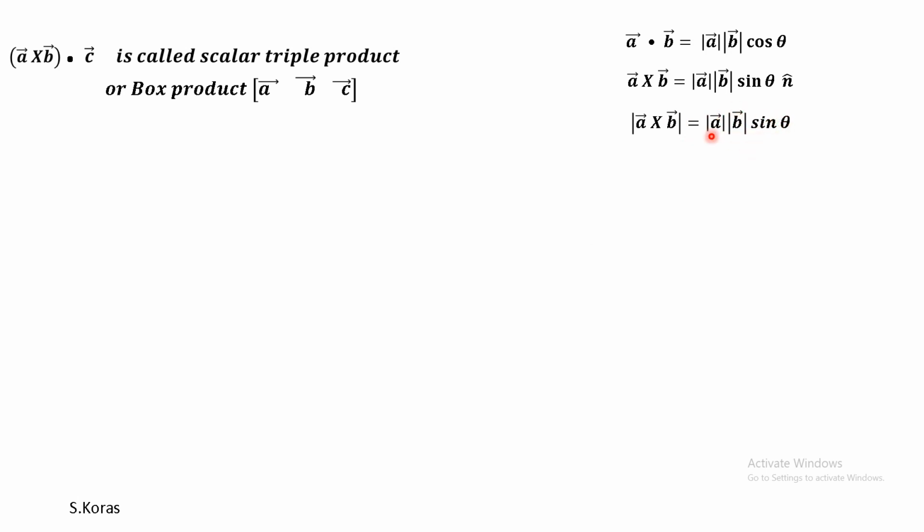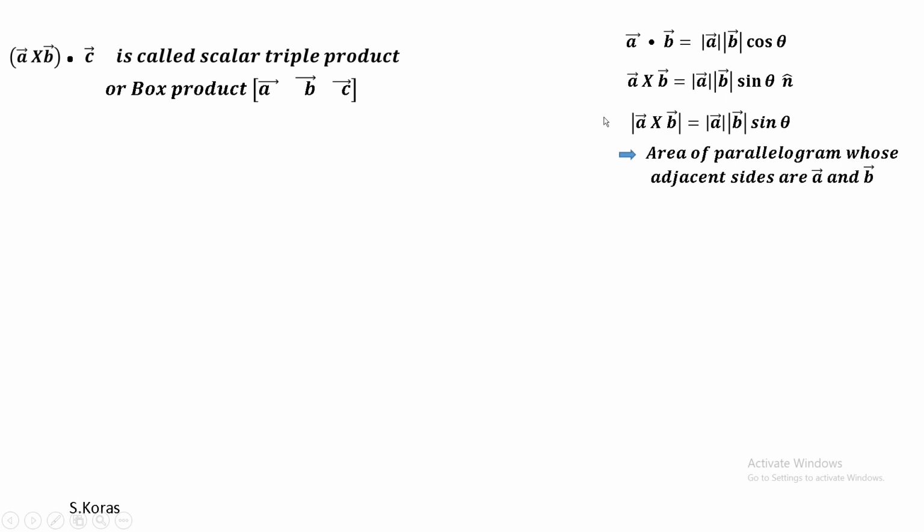The geometrical meaning of modulus of a cross b is that it represents a parallelogram's area. So modulus of a vector cross b vector is the area of a parallelogram whose adjacent sides are a vector and b vector.